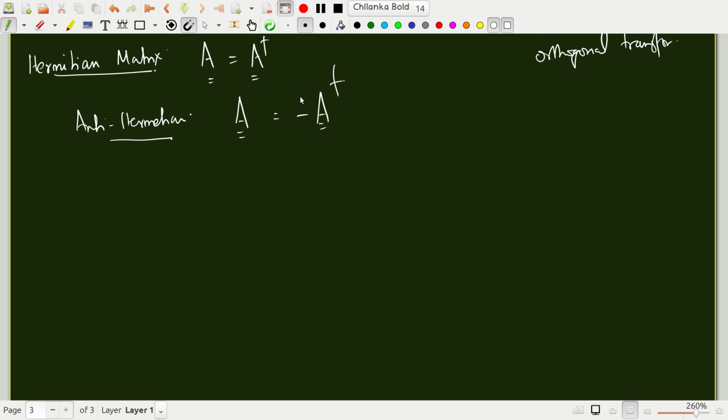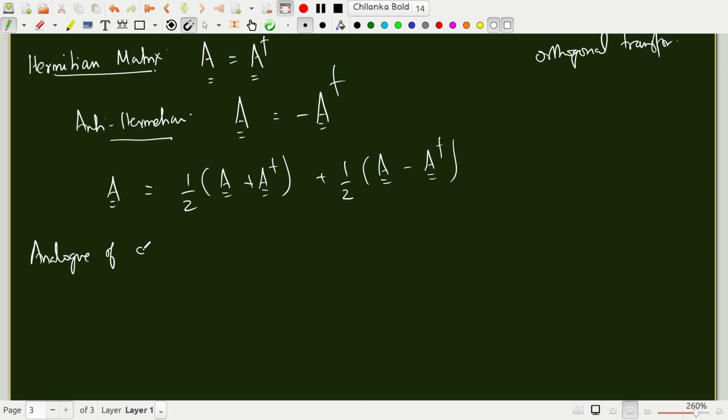Any matrix A can be written as a sum of a Hermitian matrix and a skew Hermitian or anti-Hermitian matrix. So all these are very similar to the real counterparts, namely that where you had symmetry, you now have Hermitian conjugate.